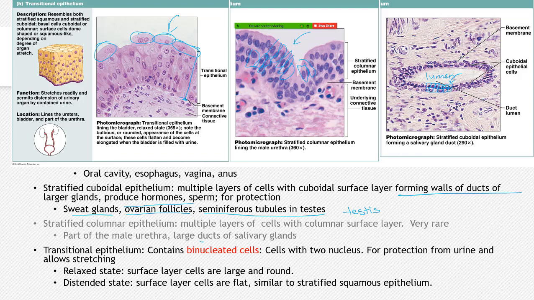Sometimes it's binucleated. Bi meaning that there are two nuclei, and you can see that right here. It doesn't always occur, but you do see it every so often. So that may give you another clue as to what type of tissue this is.